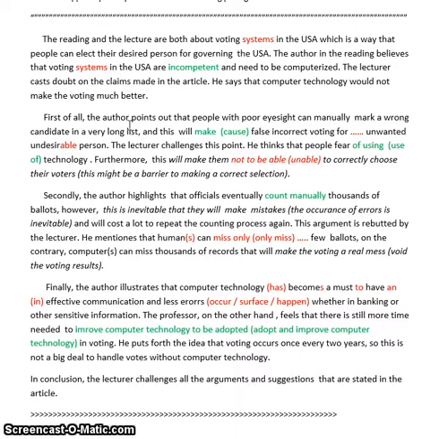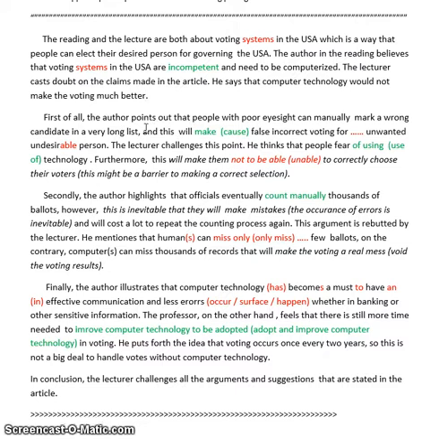First of all, the author points out that people with poor eyesight can manually mark a wrong candidate in a very long list, and this will make false incorrect voting for unwanted, undesired person.